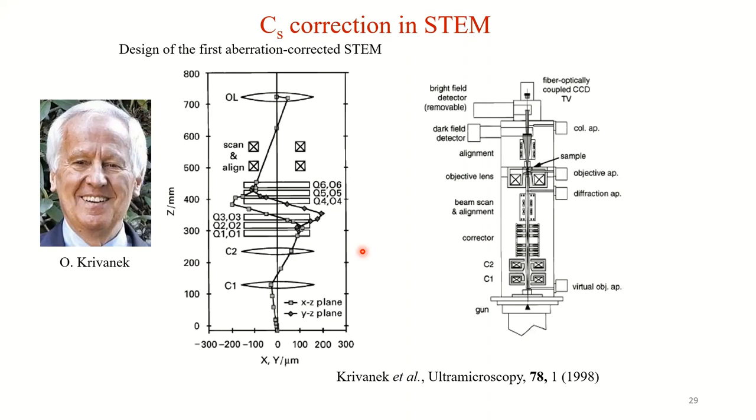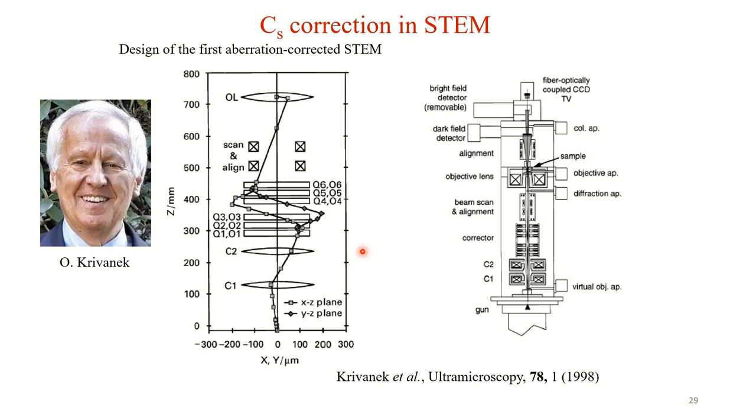And again, you pass it through a quadrupole to make it ellipsoidal in the direction orthogonal to the previous one. And then you correct C3 in that direction by using another octupole. And then again, you recover the shape by passing it through another quadrupole. So basically you have 4 quadrupole and 3 octupole lenses.